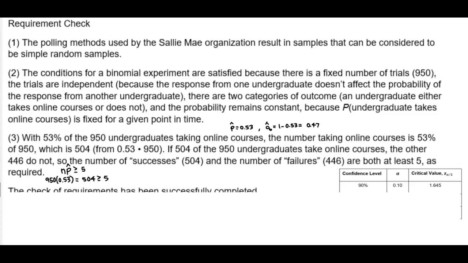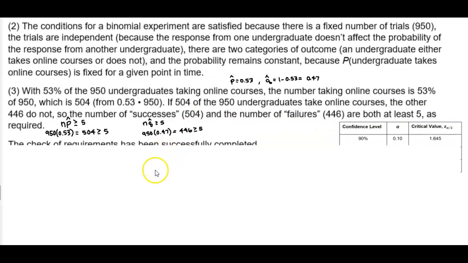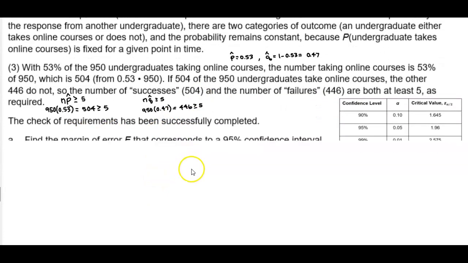So if we take n and multiply it by q, which is the complement of p hat, we want to make sure that's greater than or equal to 5. If we take the sample size of 950 and multiply that by 0.47, that gives us 446, which is greater than or equal to 5. So now we can say that the check of the requirements has been successfully completed.